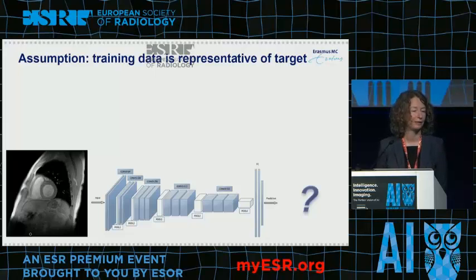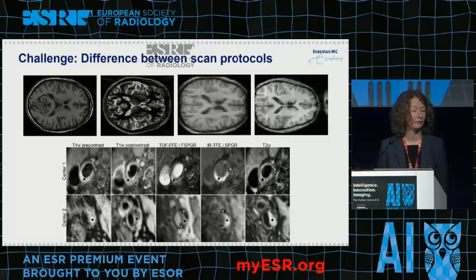But if you give it different examples of MR brain images, which to me look fairly different but to a radiologist may look very, very similar, our neural networks will have problems with data from protocols they haven't seen before. So there are ways to overcome this.